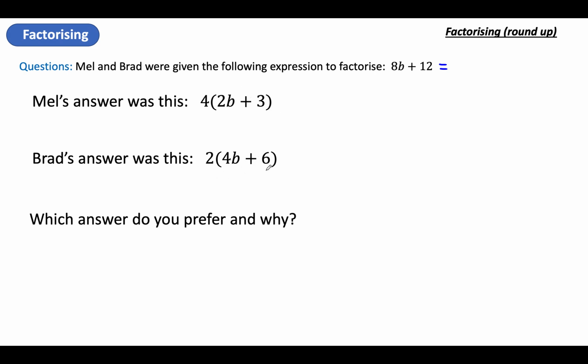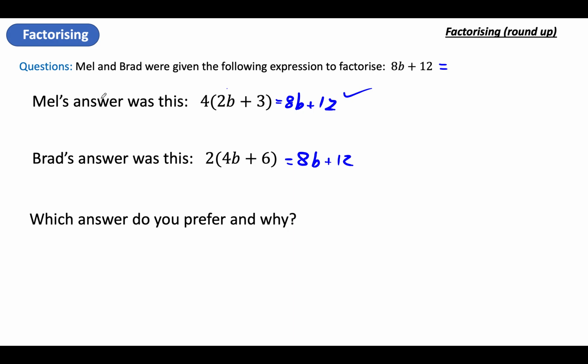Now they're both equivalent. If you expanded them out, you would definitely get 8b plus 12 on both of these. So one of them's got to be right, though. Which one is it? Well, the one that is correct is the top one.